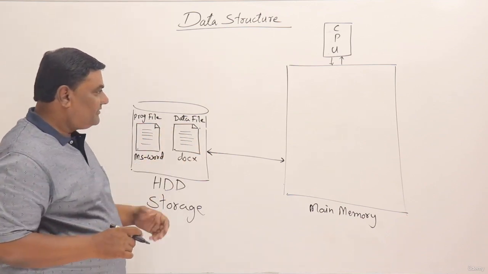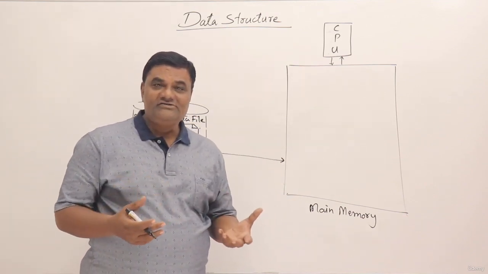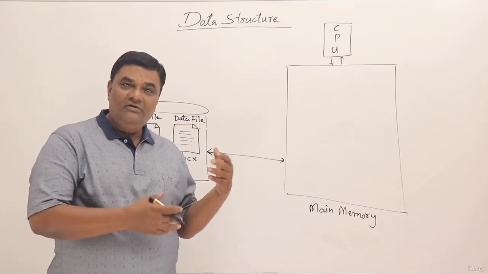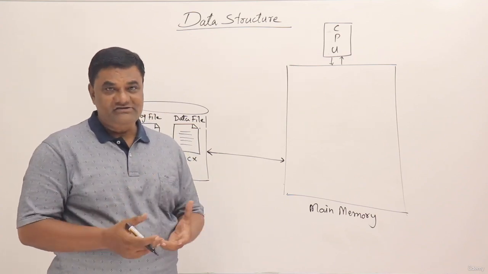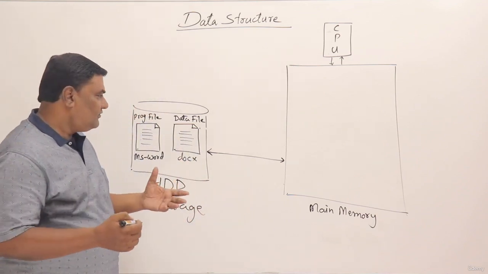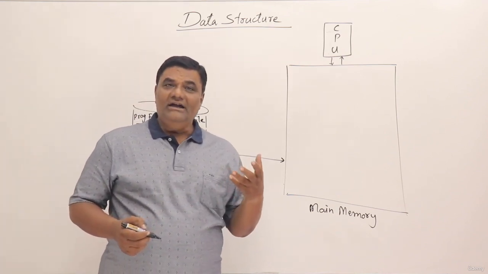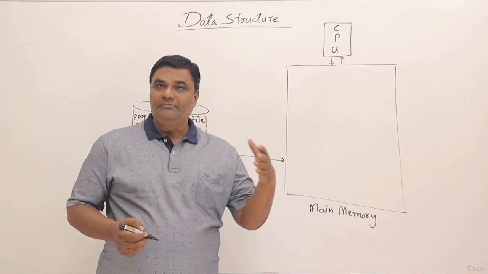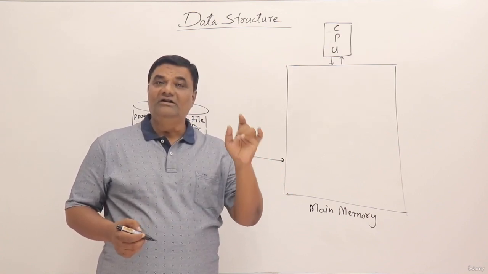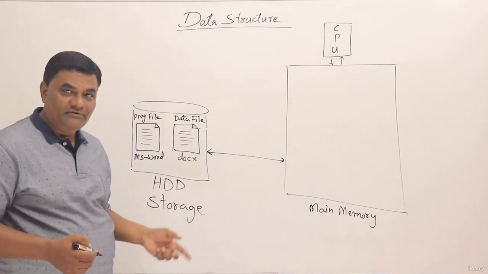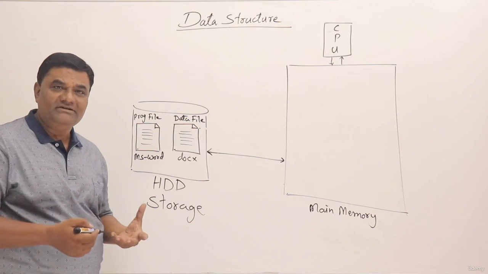Now through this example, I'll explain where the data structure comes into the picture and how MS Word may need data structures. Now let us see how our application program runs. If you want to run MS Word on your PC or your mobile phone, you touch or double click an icon of MS Word, then let us see what all happens.